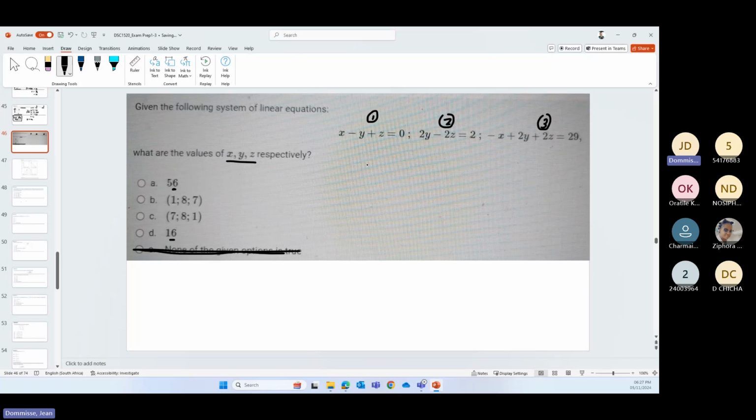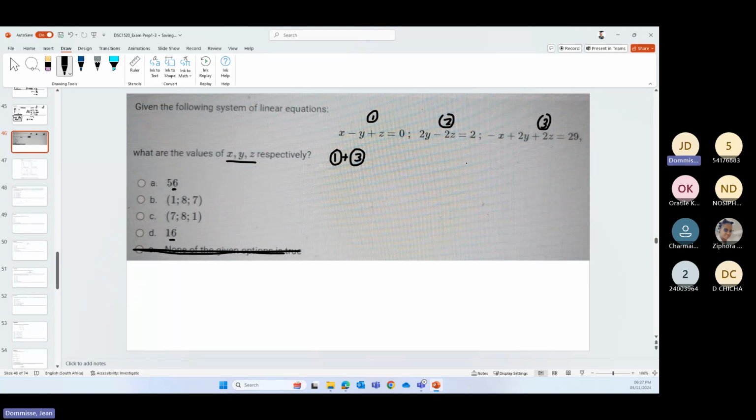Okay, so the first thing I will do is to say, let's say equation 1 plus equation 3. And the reason why I do that is I see here's an x and there's a minus x.